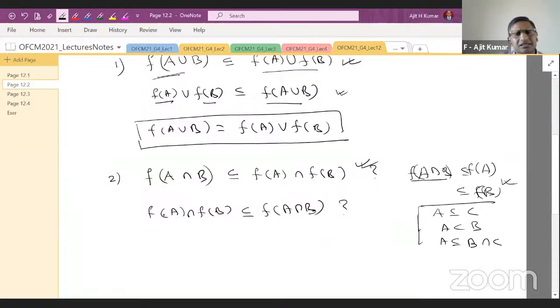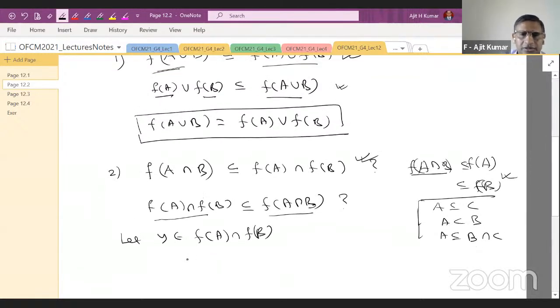Whenever we want to prove that one set is a subset of another set, the usual argument is we start with an element in the left hand side, and we show that it is an element of f of A intersection B. So let y belong to f of A intersection f of B. Now I will ask some of you to complete the proof and see whether everything goes through.